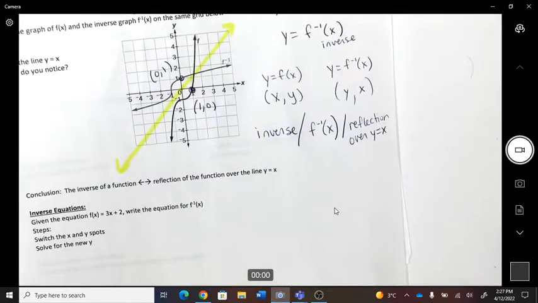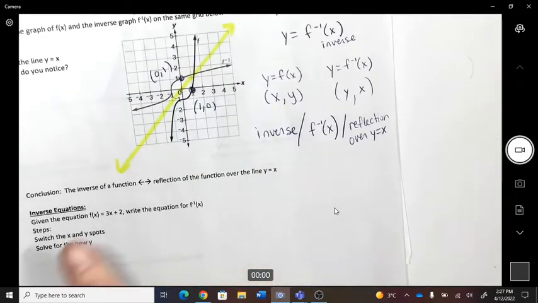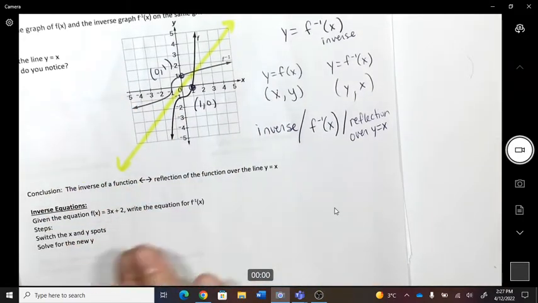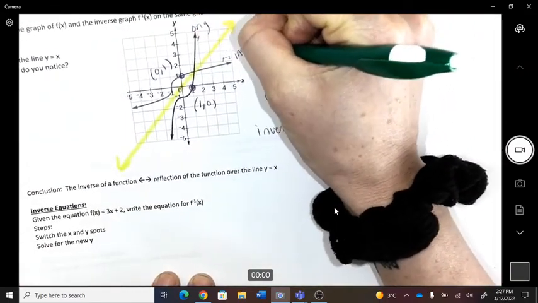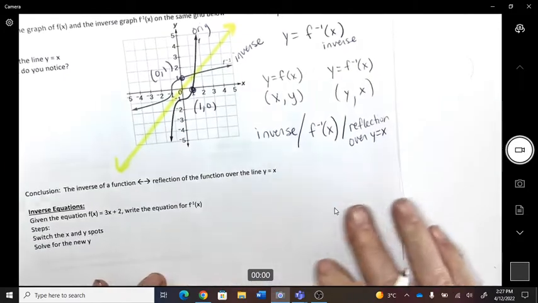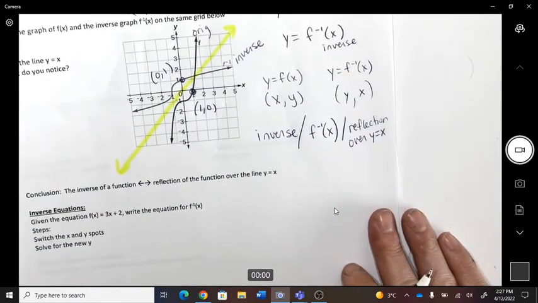Okay, if I was to talk about invariant points, would there be any invariant points from the original to the inverse on this? So this is the original and this is the inverse. Is there any coordinate that would be invariant, didn't move?